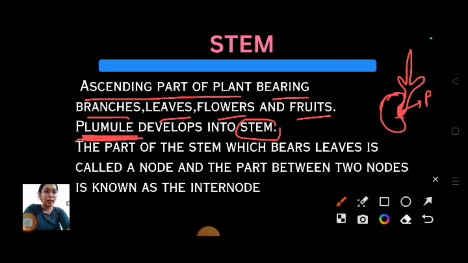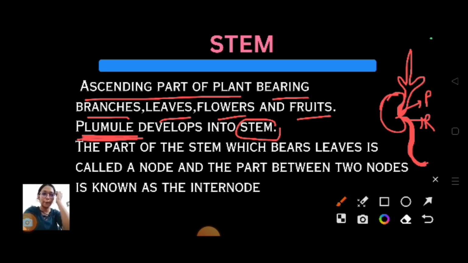And a root comes out. From where does this root come out? We have already discussed in the first part: from a structure called the radicle. So from a seed, the plumule is where the shoot, the stem, used to arise, and from the radicle, the roots used to arise.